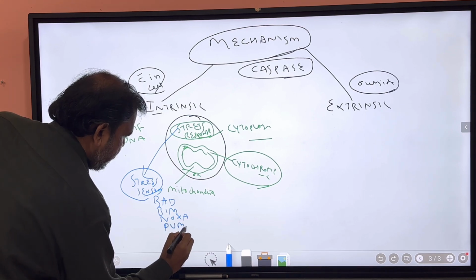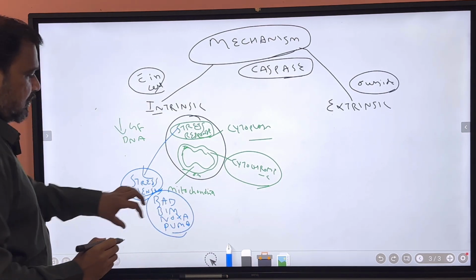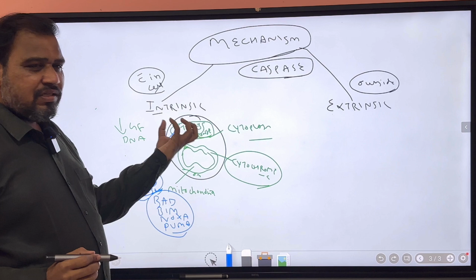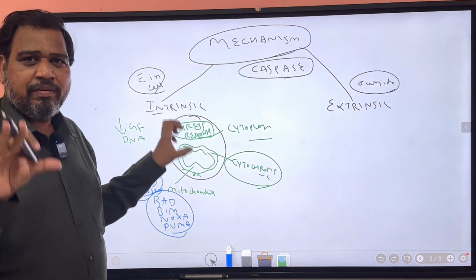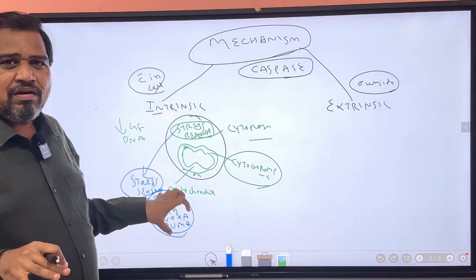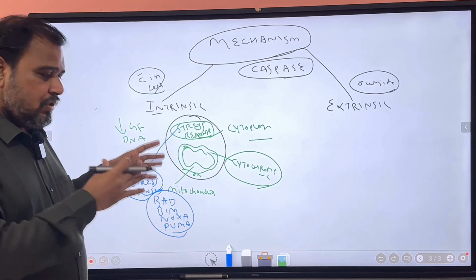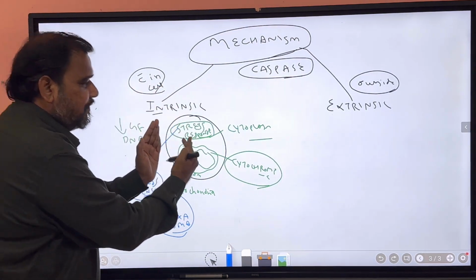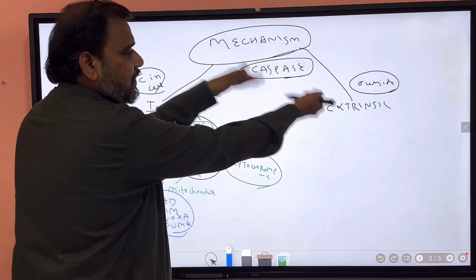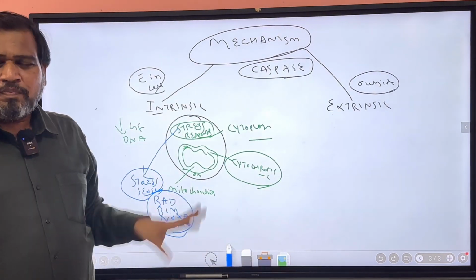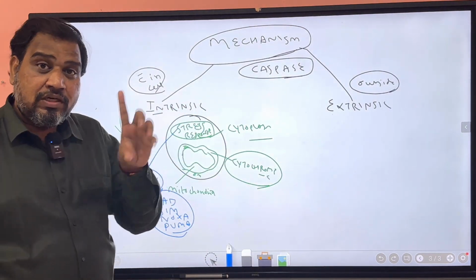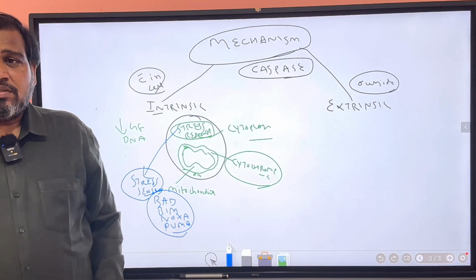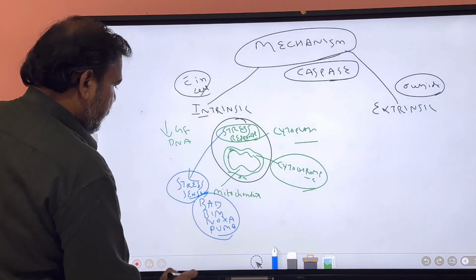All these are the sensors which give the signals that the cell is under damage or stress, so they are called stress sensors. What they say is, better we destroy this cell by apoptosis and prevent this cell from committing to destroy other cells, preventing the infection from spreading to other cells. That is one of the main aims of apoptosis. So now just concentrate, this is very important.